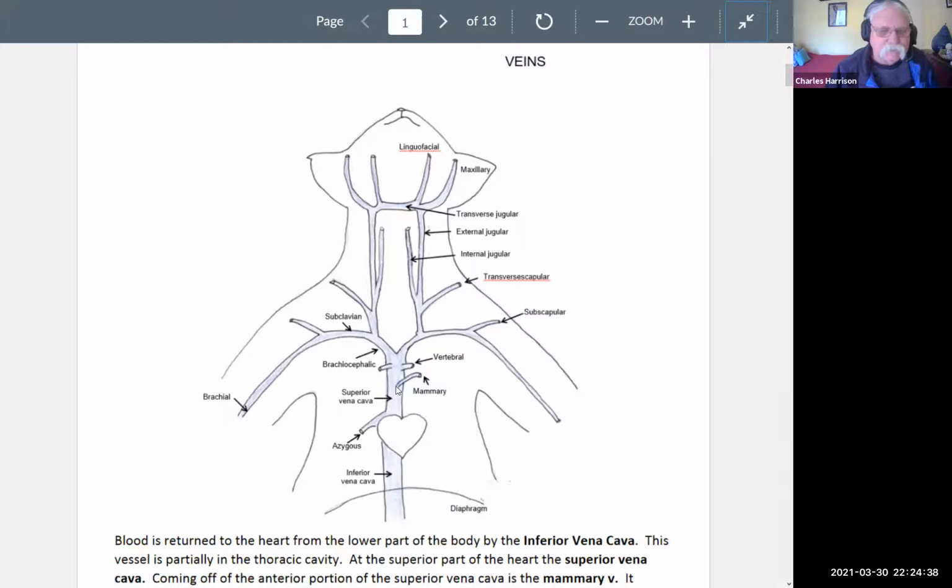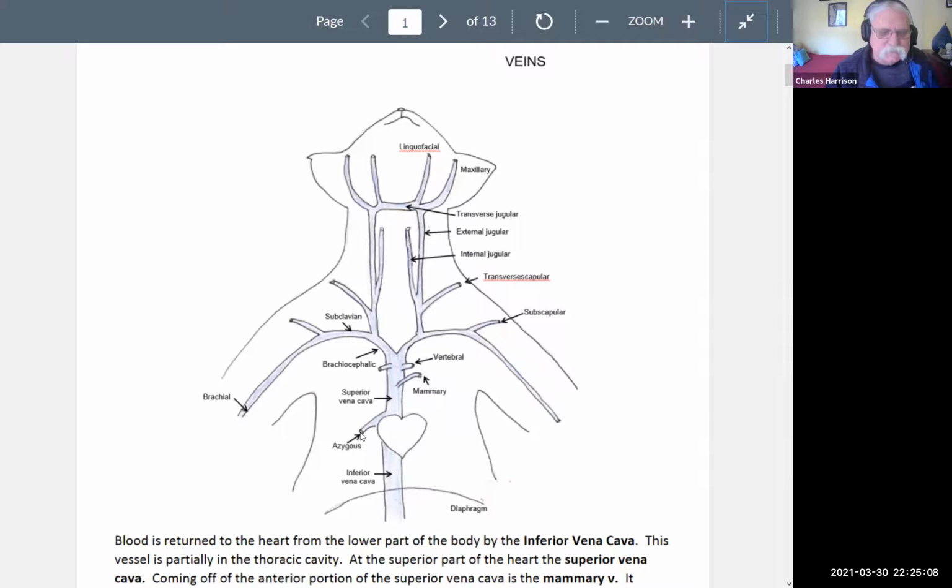Okay. I'm going to skip the vertebral for now. Right as you leave the heart, on the cat's right side is a vein that comes from the body wall, comes from the rib area, and comes up.